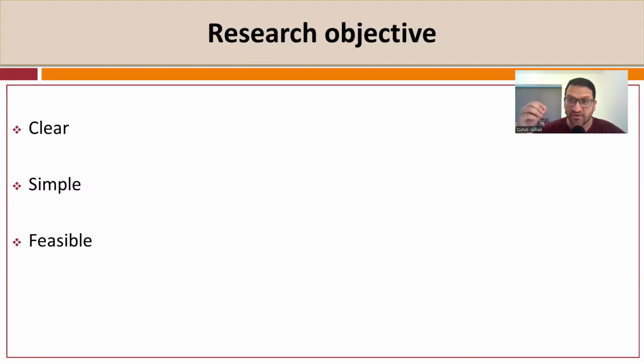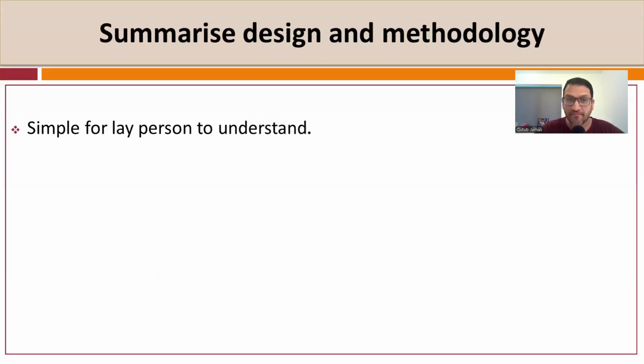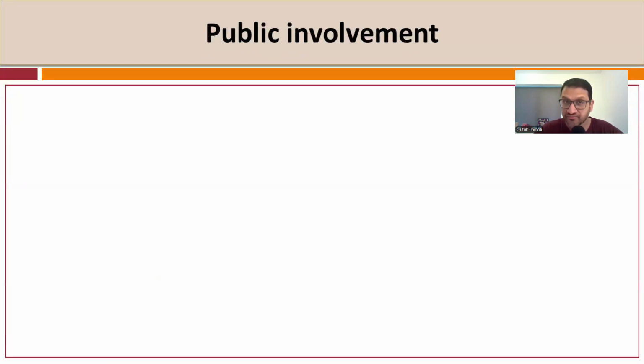So again, we have to be very clear with those in a very simple way, so that it is easily understood and it is practical enough to do. So the summary design, whether it is the randomized control trial, or whether it is a cross-sectional study, or whether it is a cohort or a case control study, it has to be easily understood.